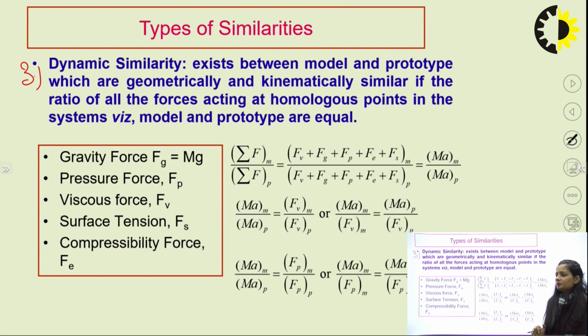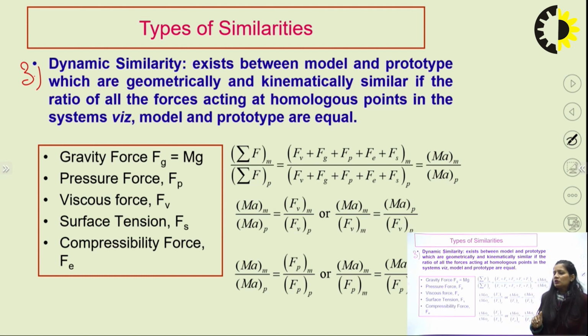Let us suppose, the name dynamic similarity says that there must be some type of forces involved in that particular model or prototype. What are the forces that may be involved in a particular fluid phenomenon? Maybe gravity force, pressure force, viscous force, surface tension, capillarity force, or other types of forces.